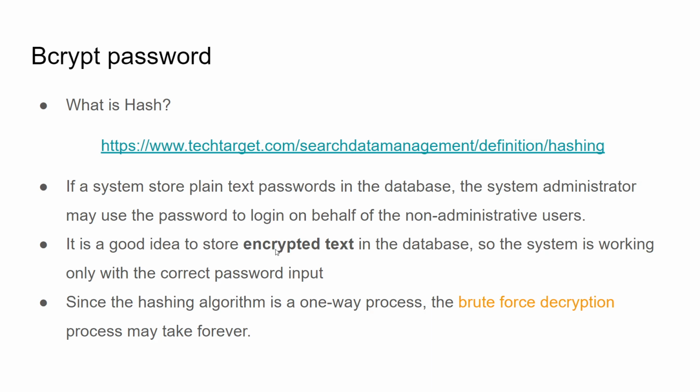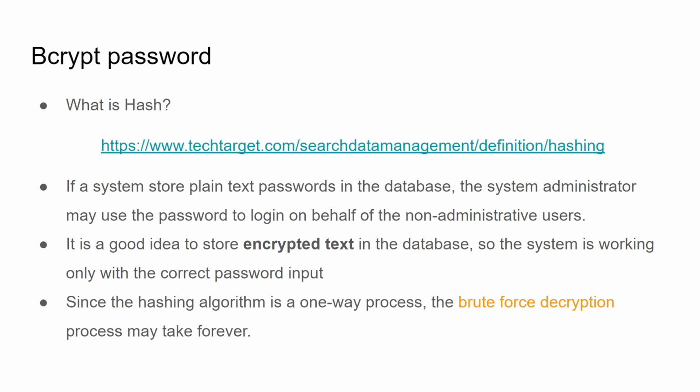So what they do is use the encrypted password. It means in the database, in the CRUD, in the admin page, you are going to see the encrypted one, a very long password that no one knows what it is. And if you put in the plain password, the system will encrypt it, and it will become a very long password, and then you can match whether this long password matches the one in the database or not.